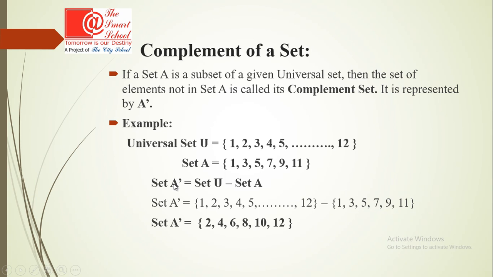Now set A complement is equal to set U or universal set minus set A. Then set A complement is equal to, we will write universal set, then minus, then set A. So whatever we get after subtracting, these are the elements of set A complement: 2, 4, 6, 8, 10 and 12. Because all the odd numbers were the members of set A. So when we minus it from universal set, we have 2, 4, 6, 8, 10 and 12. So this is set A complement. I hope this is clear to all of you.